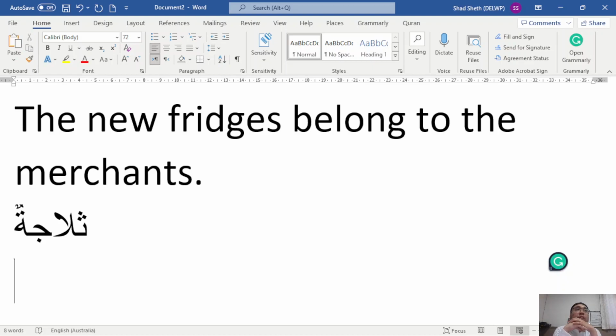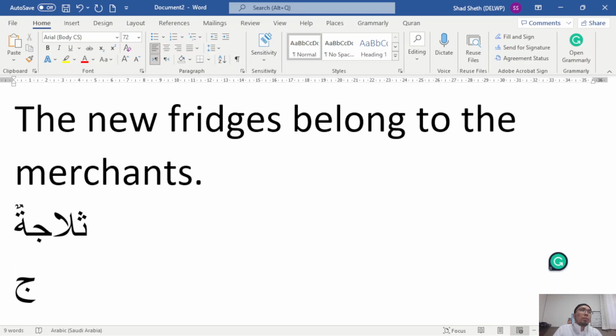Ath-thallajatu jadid. Because it's female, carry forward the phrase, singular feminine. Ath-thallajatu jadidatun. Jadidatu, because of alif lam.